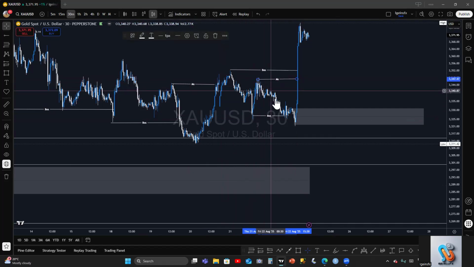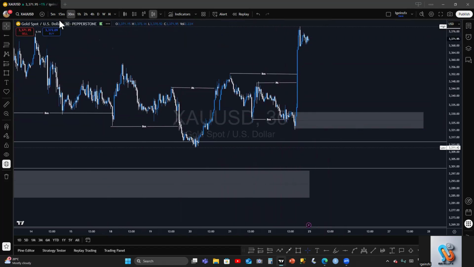Then break of structure to the downside. Then price turned from here, taking out this resistance level. This is what gave us a market shift on 30 minutes.